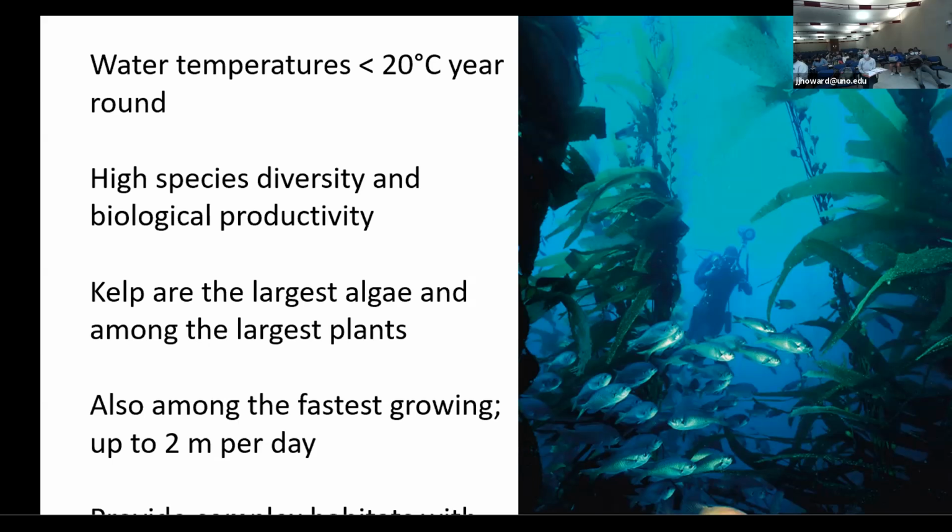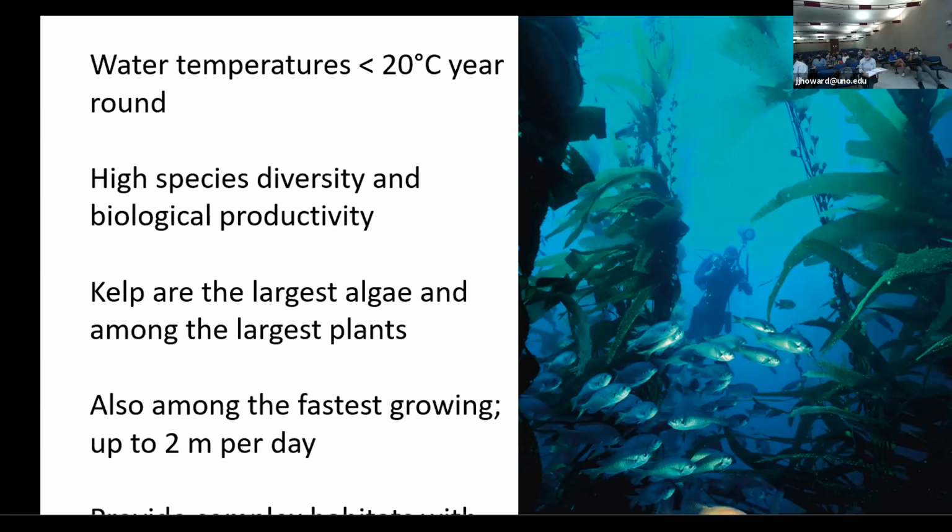The complexity of a habitat that is colonized by kelp, you can see it's a 3-dimensional habitat here on the right that extends all the way from the surface where the kelp may be kind of floating in mats on the surface, all the way down to the bottom where it's anchored. And it's a highly complex environment that produces lots of ways for organisms to make a living.